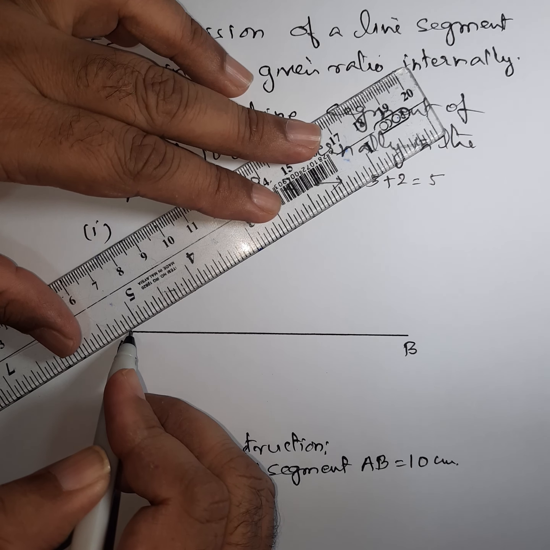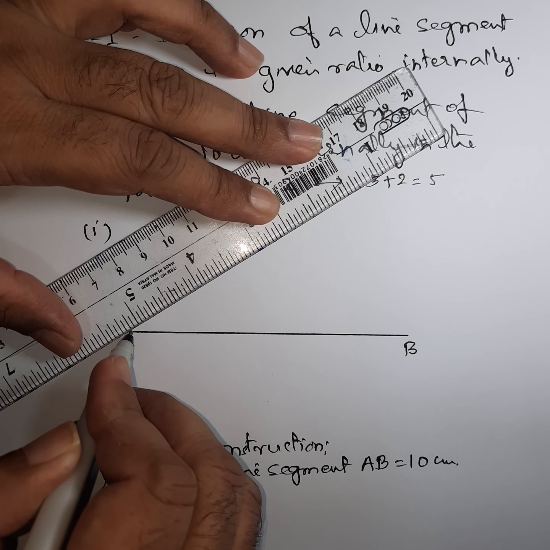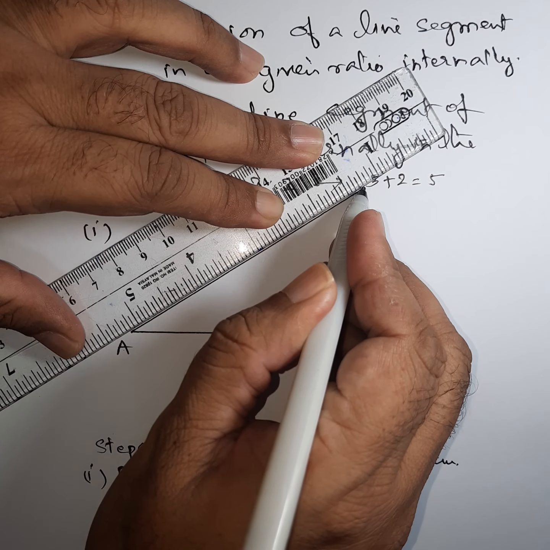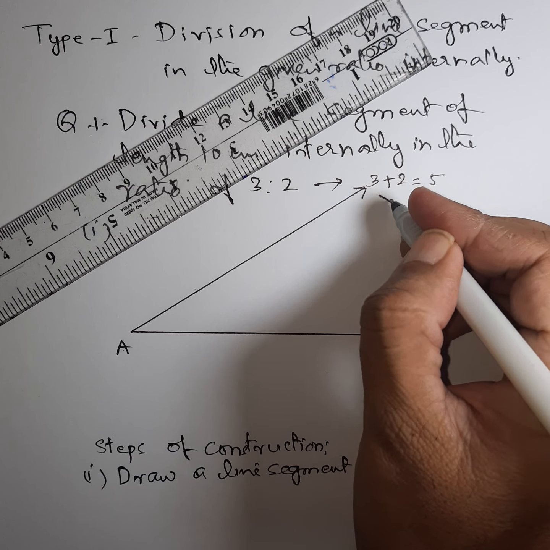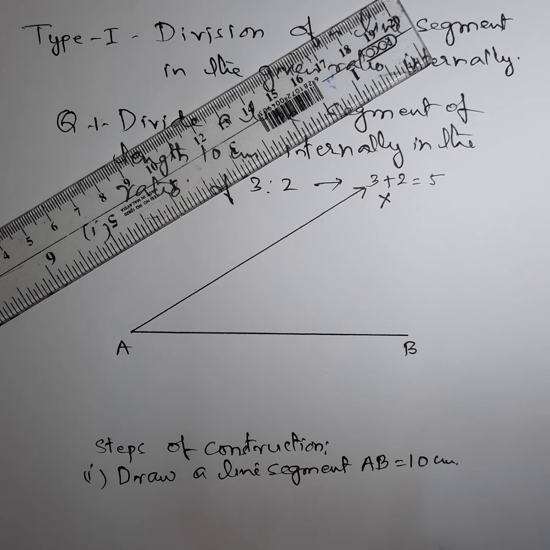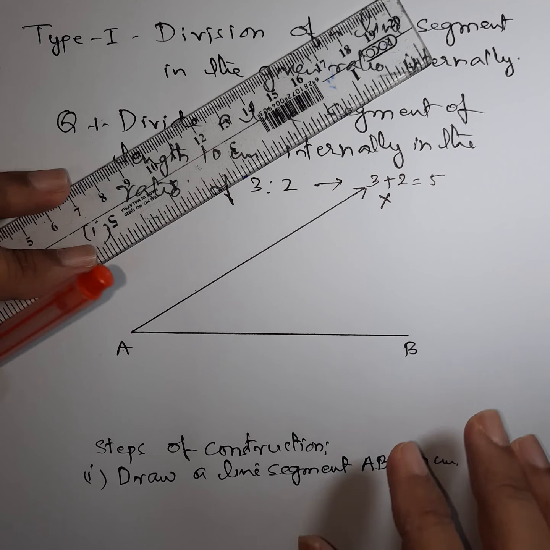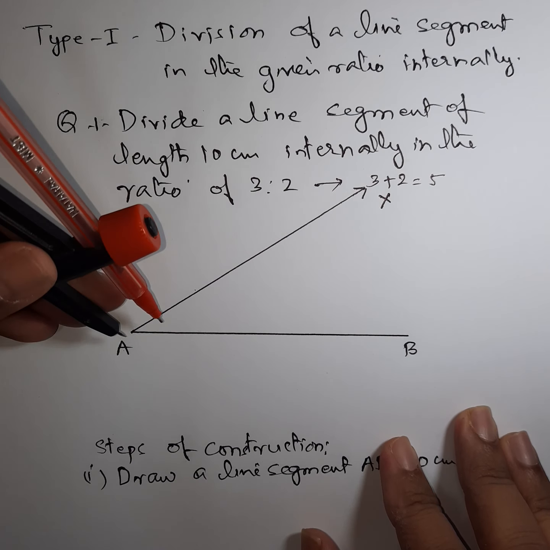First of all, you have to draw a ray making an acute angle with the line segment AB. This is AX ray. And as we have seen, the sum of the ratios is 5. So we have to divide this AX into 5 parts.